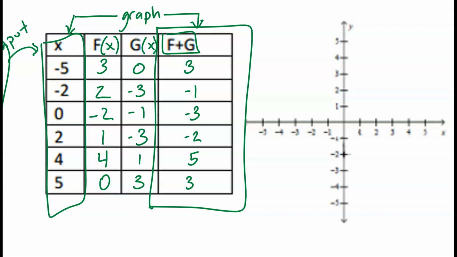So on this first line, if we're graphing the combination, we're graphing the point negative 5, 3. And then the next line, we're graphing the point negative 2, negative 1. And then 0, negative 3. And then 2, negative 2, 4, 5, and 5, 3.